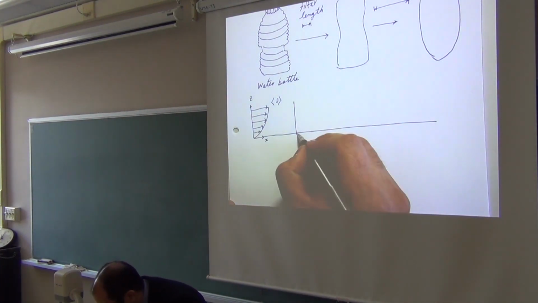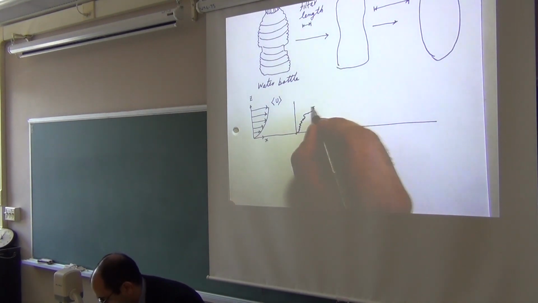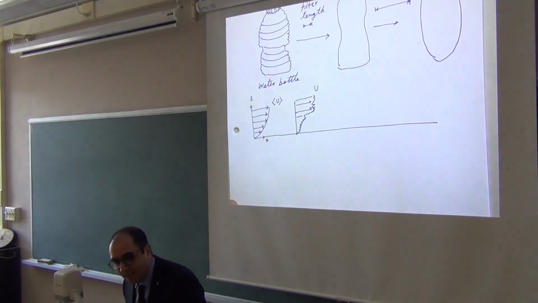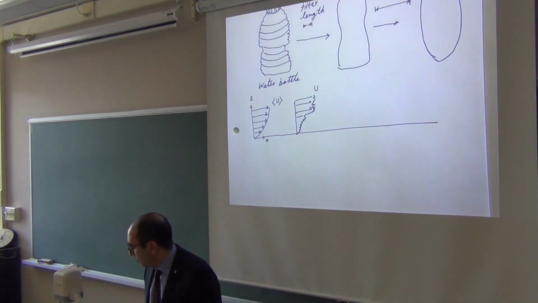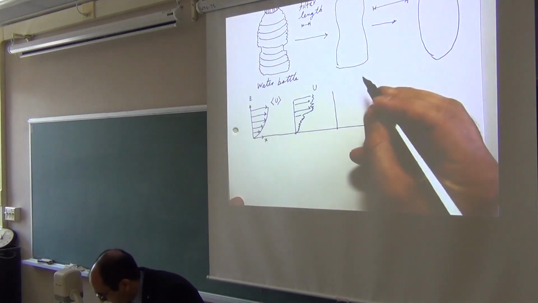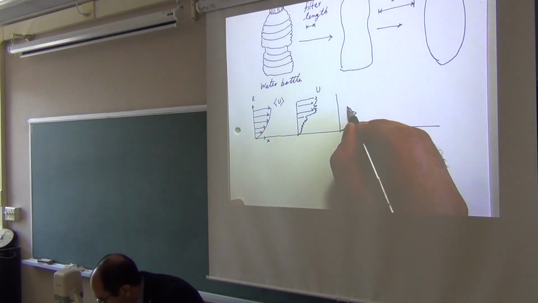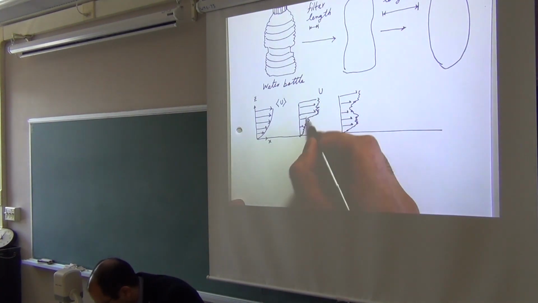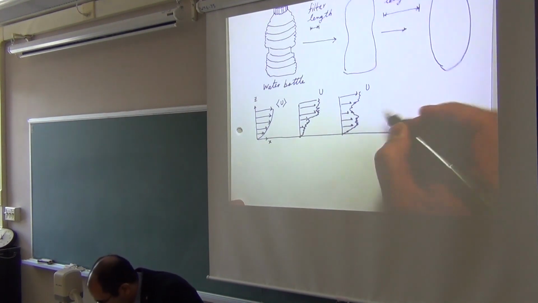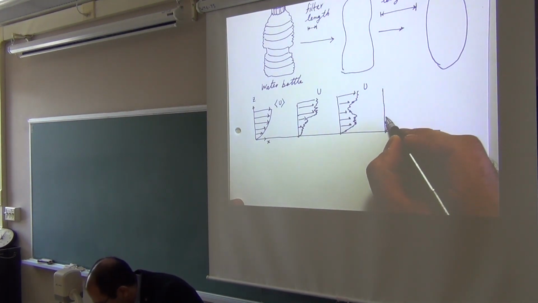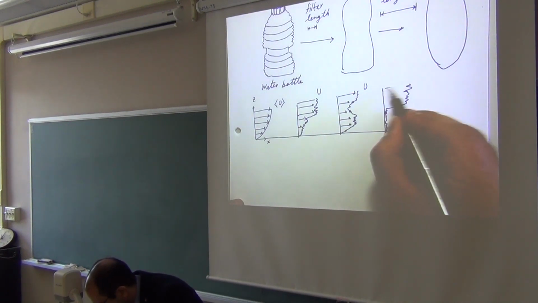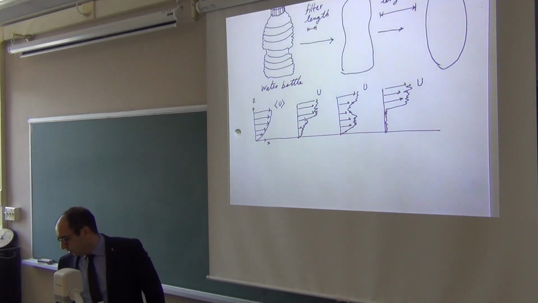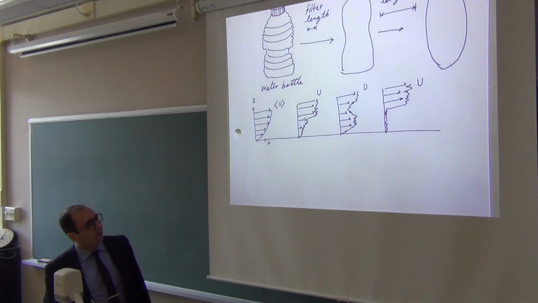It changes second to second. One second, it may look like this. So this is the instantaneous profile of the velocity. The next moment, it may look like this. And the next moment, it looks like maybe this. So from each moment to the next, it changes.